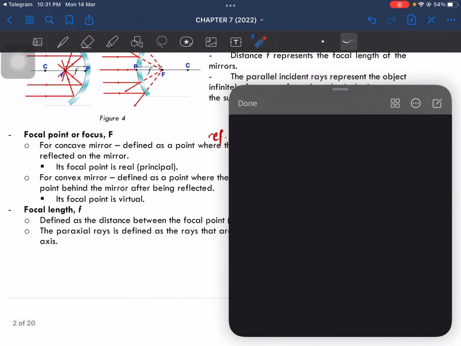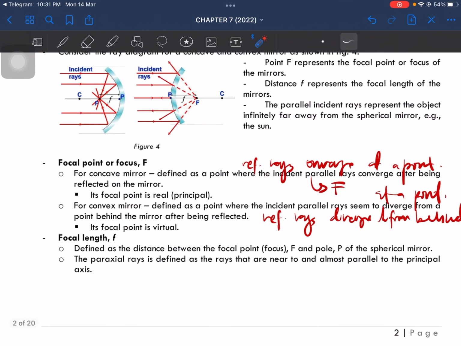Because it forms behind the mirror, this focal point is known as virtual, because it is at the back of the mirror. And for the concave mirror, its focal point is real because it forms in front of the mirror.